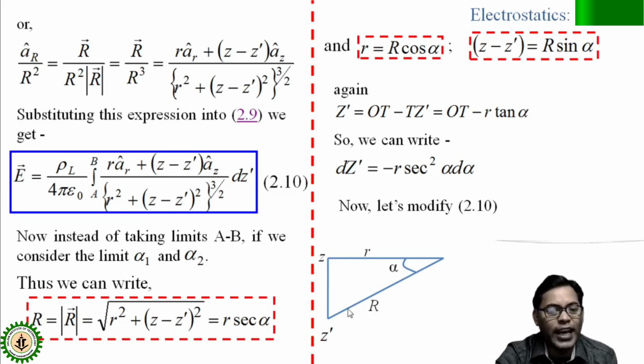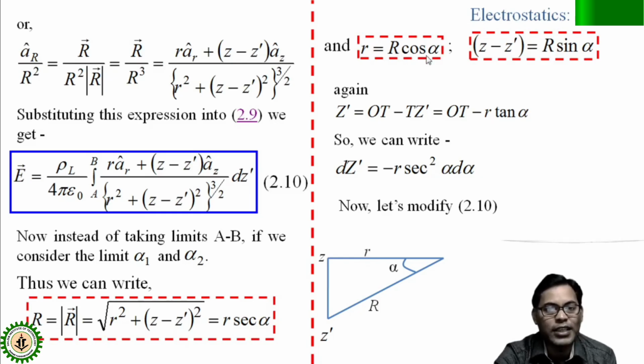From that we can get capital R equals r sec alpha. Similarly, small r by capital R equals cos alpha, so small r equals capital R cos alpha.